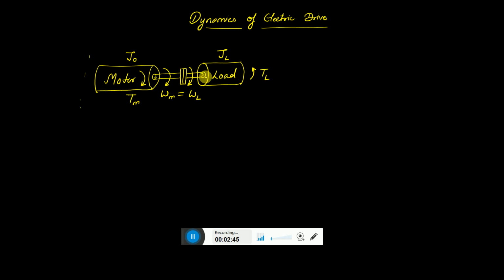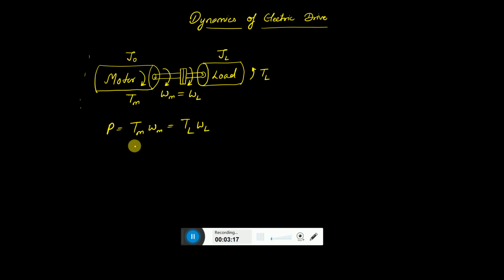The net torque difference is Tm minus TL, and the speed here is omega m. Then the input power is Tm into omega m, which is equal to TL into omega L.